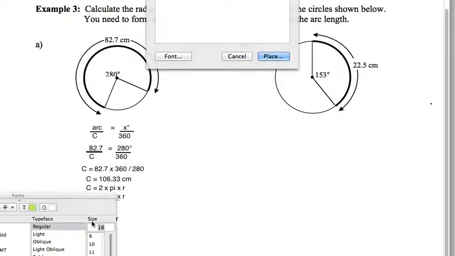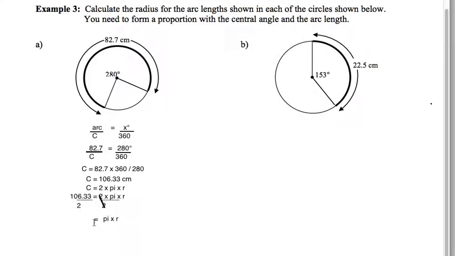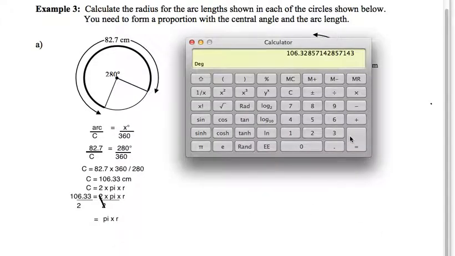I've got my equal sign in the middle, which is where I always want it to be. And over here I have 106.33 divided by 2. Once again, my calculator remembers all the decimal places. Even if I'm just writing 106.33 here to show the work, I still keep all this information in my calculator. So divide that by 2.